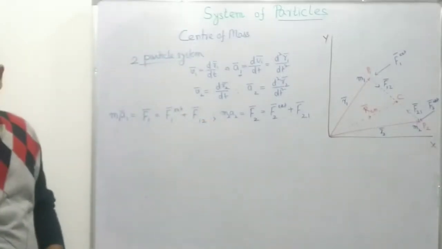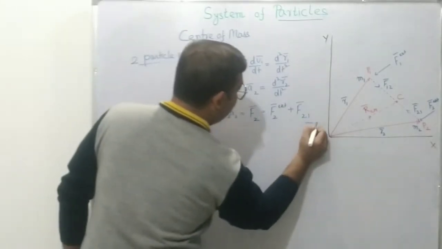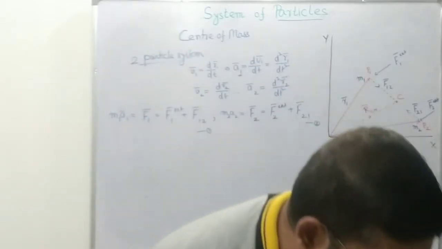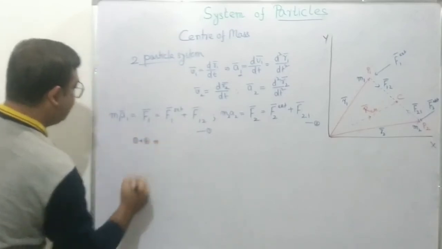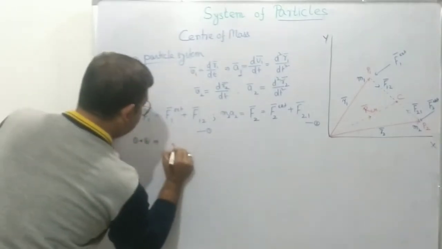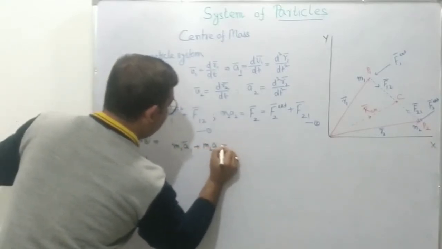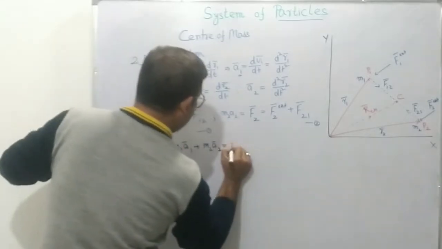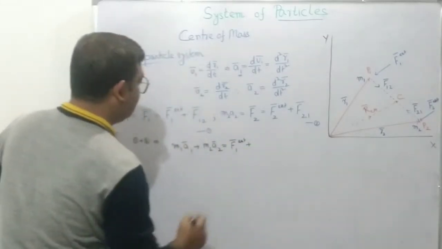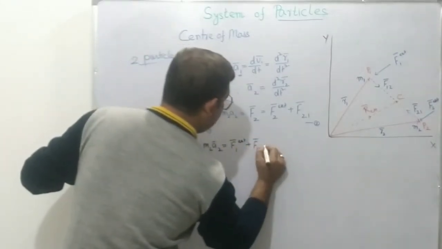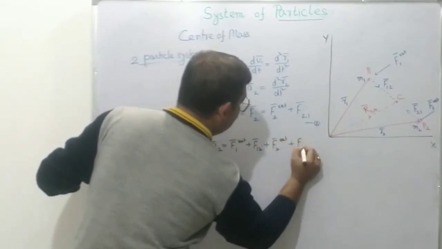So if we add these two equations, let's say this is equation 1 and this is equation 2, then if we add these two equations, 1 plus 2, what will we get? m1a1 plus m2a2 must be equal to F1 external plus F12 plus F2 external plus F21.